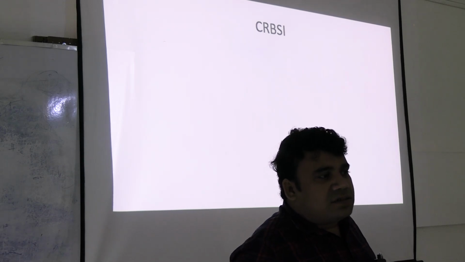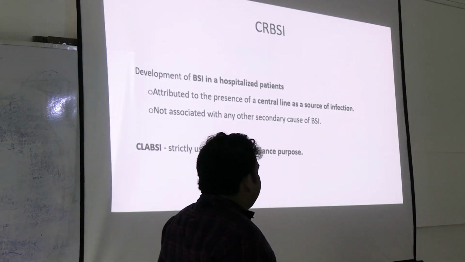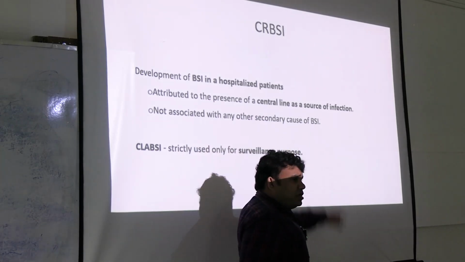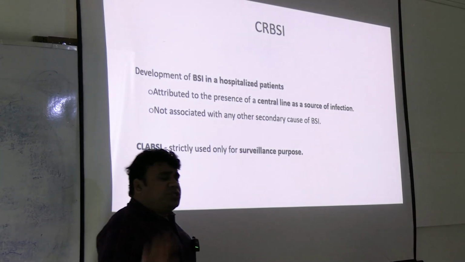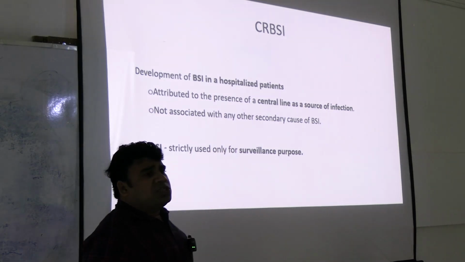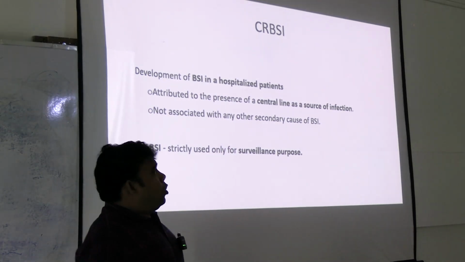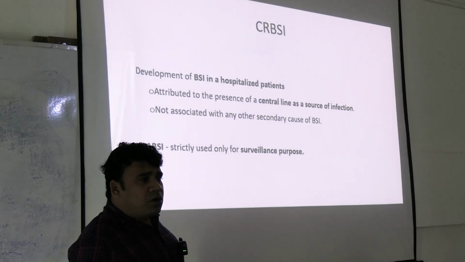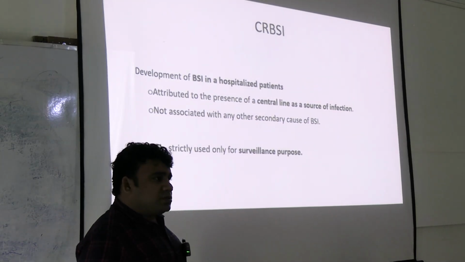What is a central line catheter? There are 2 terminologies. First, you have to understand what a central line is. So any bloodstream infection where the source is the central line itself, we call it central line related bloodstream infection or catheter related bloodstream infection.